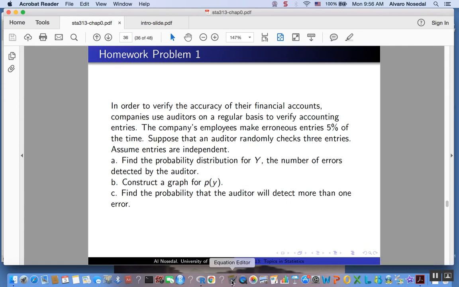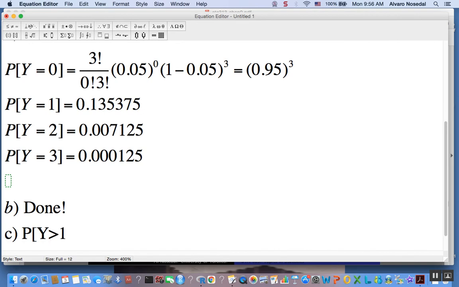So what we want here is the probability that y is greater than 1. So that would be the probability that y equals 2 or 3, right?